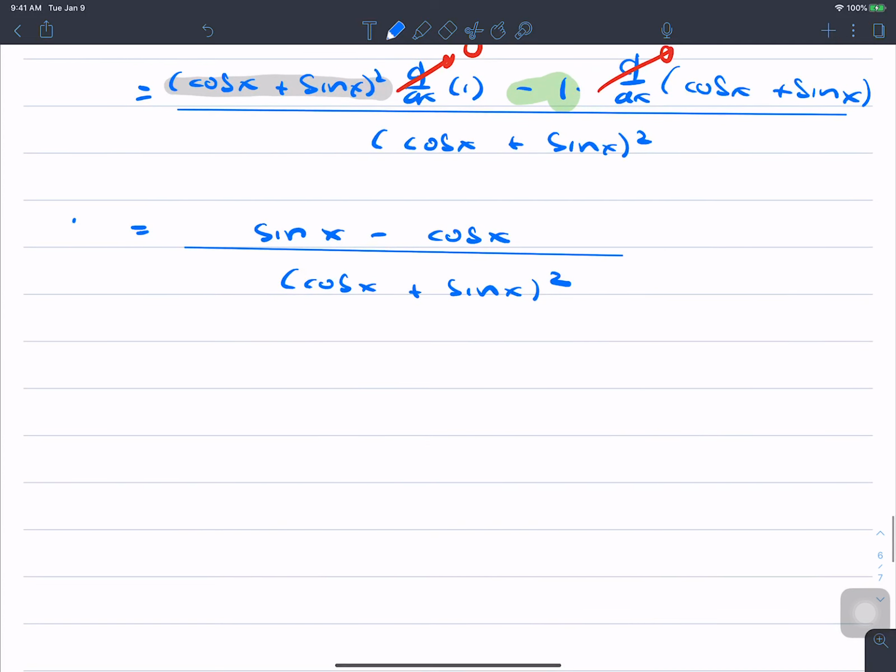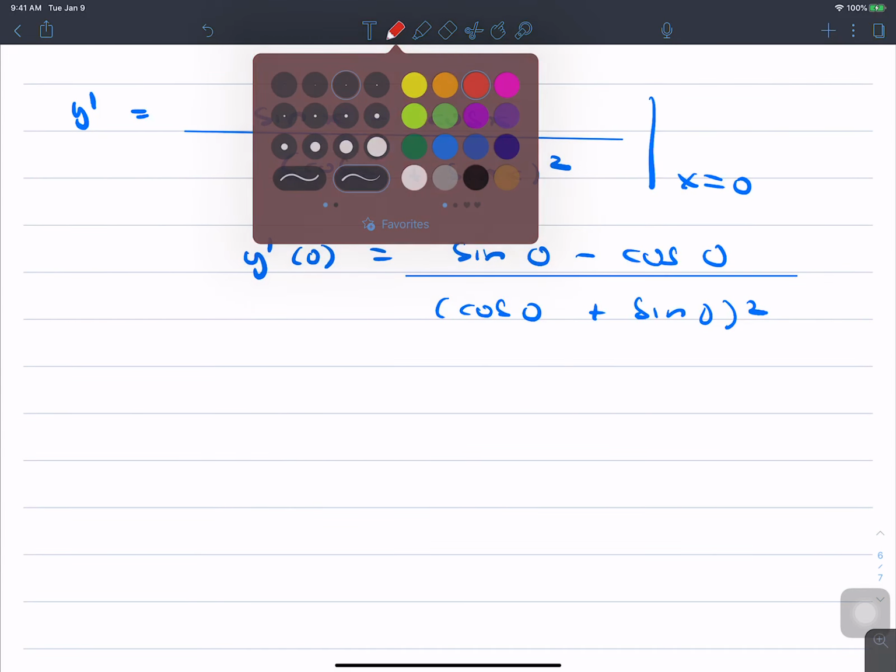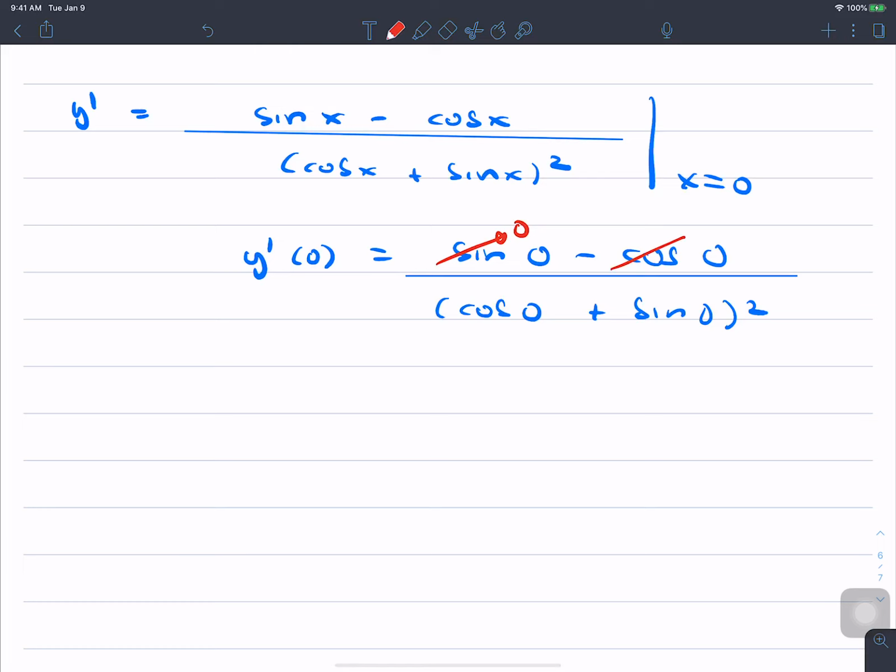So this is y prime, and if I evaluate this at x is 0, we get y prime of 0 is going to be sine 0 minus cosine 0 over cosine 0 plus sine 0 squared. Now, sine 0 is going to give you 0. Cosine 0 is going to give you 1.